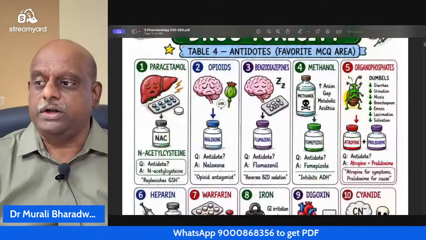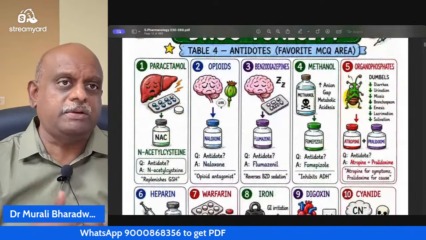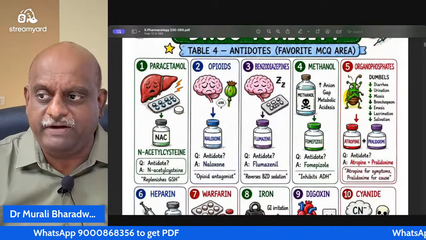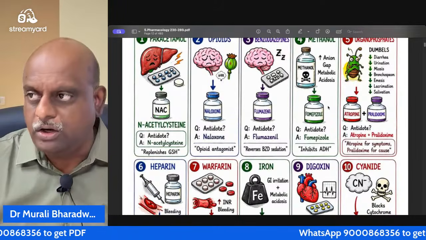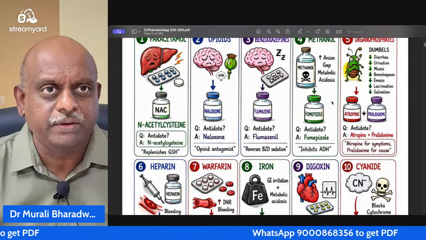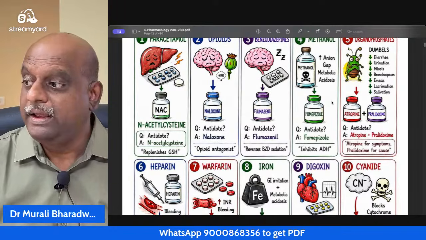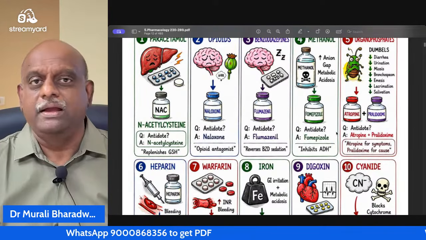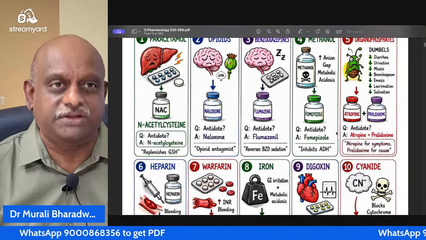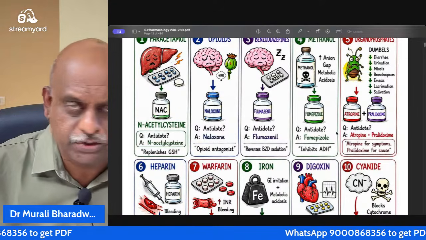So now, if you look at opioids, paracetamol, what are the antidotes is a favorite question. Hence, acetylcysteine for paracetamol, naloxone for opioids, flumazenil for benzodiazepines, fomepizole, which inhibits alcohol dehydrogenase, right? Fomepizole should not be forgotten.